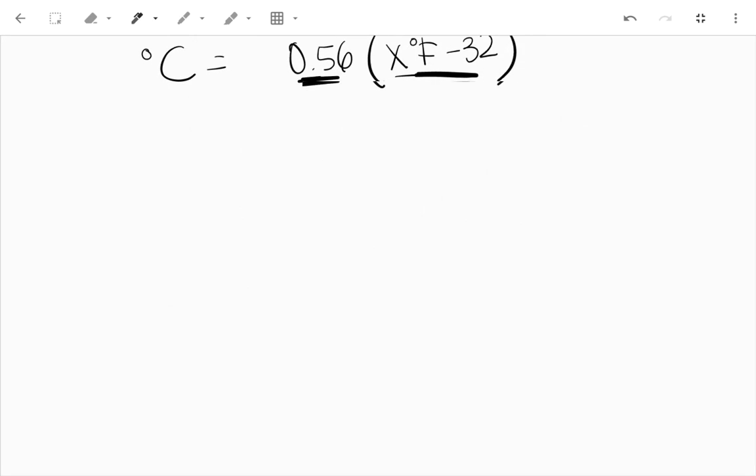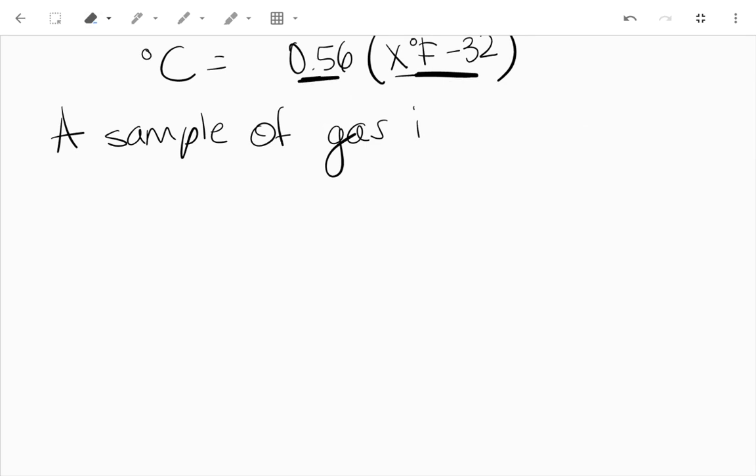So a sample problem that you might have for Gay-Lussac's law, in order to help you out with the questions for homework, is that a sample of gas in a steel tank.